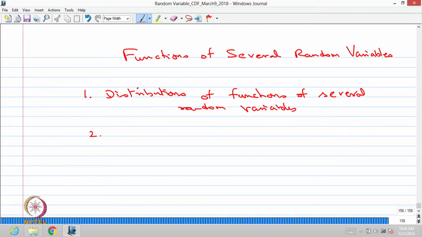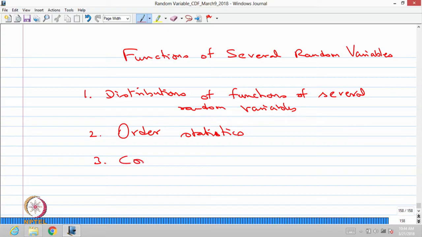Then the second lecture we are going to discuss order statistics. This is also one special type of functions of several random variables.